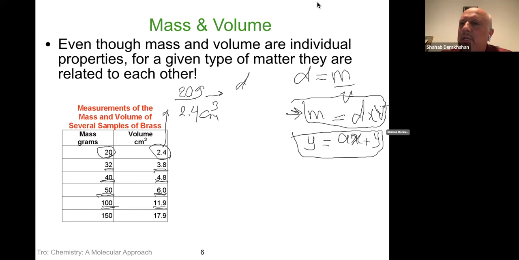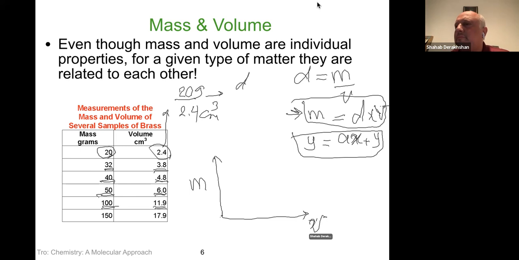I'm drawing a graph. My y-axis here is going to be mass, which is measured. My x-axis is going to be volume here. And I can make a graph. If I compare these two, we said y is mass.